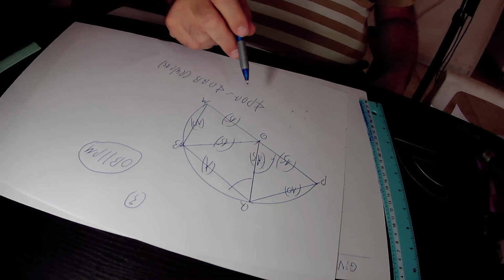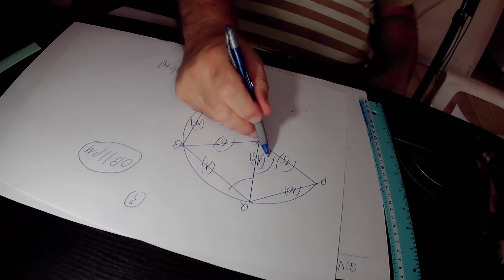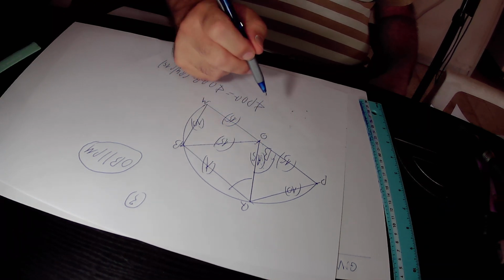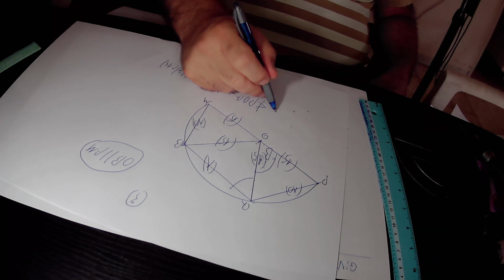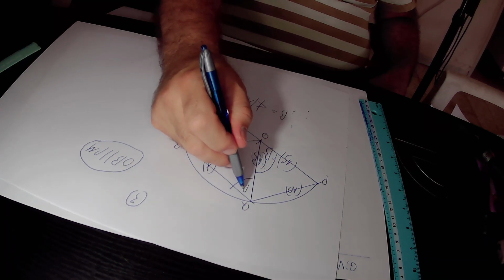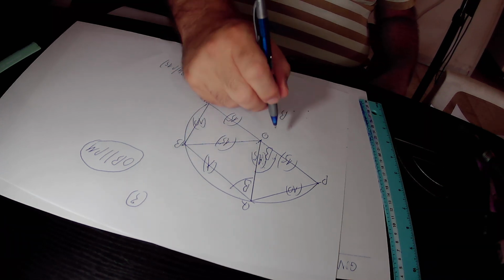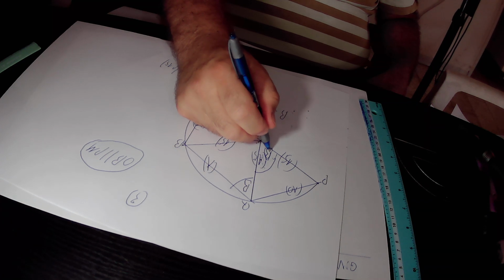So if we define this angle as beta, then this angle must also be equal to beta because they are equal to each other according to rule 15. So we define this angle as alpha.